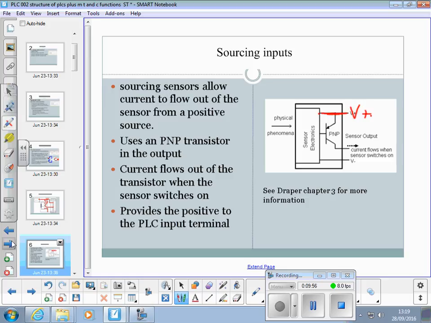It's also got a negative, V minus down the bottom, to give it a power supply, and then when you cover the sensor up, it turns that transistor on and current flows from the sensor into the PLC input, let's say X1. That's called sourcing because it provides the source, the positive.